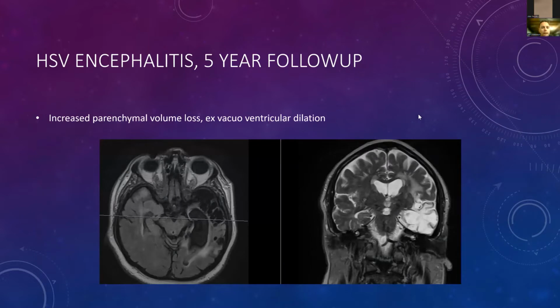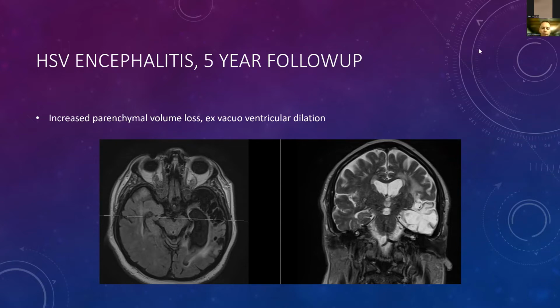And we go to 5 years later, and you can see the sequela here. There's only a thin outline of cortex along this left anterior temporal lobe, as if there were a large territorial stroke. So these are really devastating consequences. And then you can see that ex vacuo ventricular dilation.